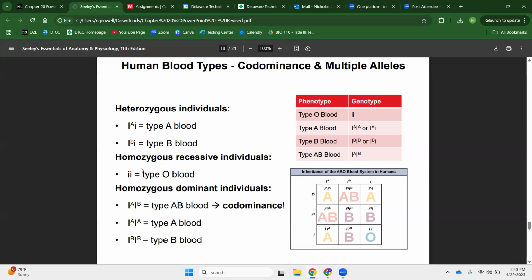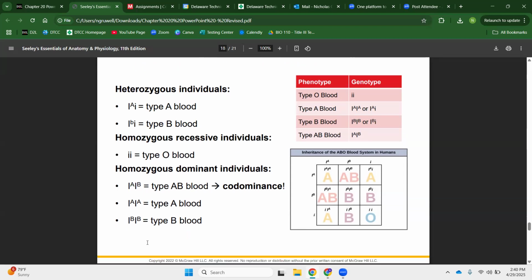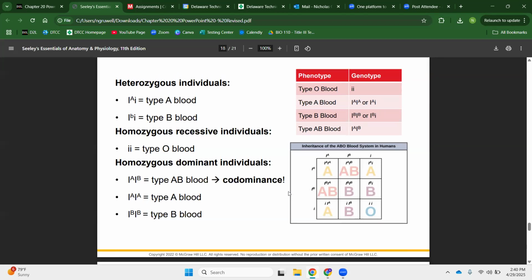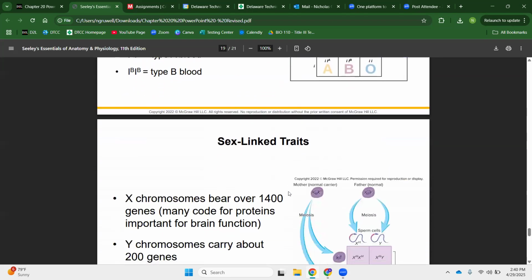The only way you can have type O is two little i alleles. And for the heterozygous combination, if we have IA IB, that's where the codominance comes in. So that's how you get type AB blood. And then, of course, if you have two IAs, type A, two IBs, type B. In terms of this Punnett square, it works the same way, following the rows and columns. It's just adding some more boxes, but it doesn't necessarily complicate things.